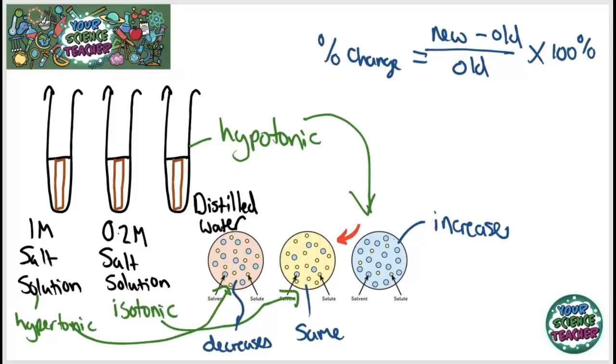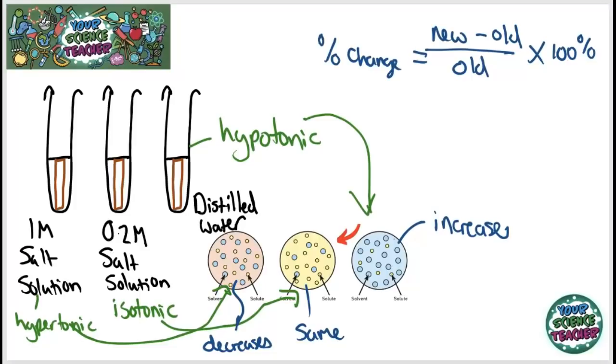There's not really much more to this, just the key principle of osmosis for why this happens. Basically, if the concentration of water outside the potato is greater than that inside, then it will move into the cells through the partially permeable membrane, and that is what causes the increase in mass that you see in the hypotonic solution.